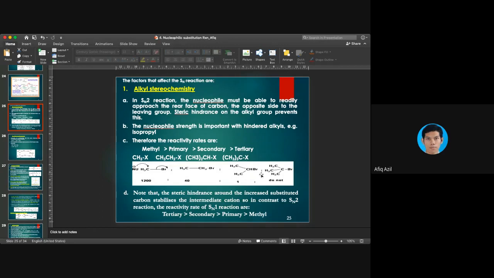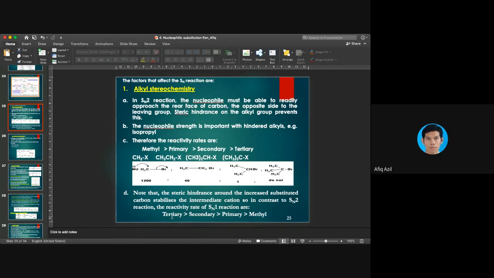But for tertiary, very hard. Very hard to undergo SN2. So, tertiary, secondary, primary, methyl. Sorry, this is for SN1. For SN2, methyl, primary, secondary, tertiary. But for SN1, it's the other way around.